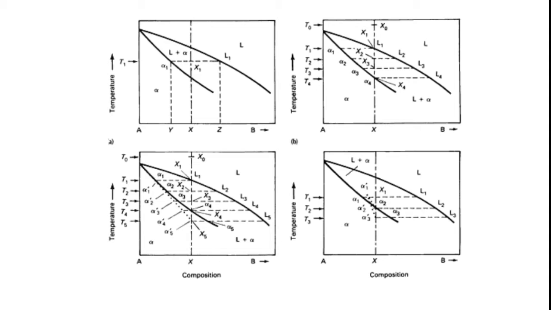Tie lines can be used to determine the fractional amounts of the phases in equilibrium. The lever rule is a mathematical expression derived from the principle of conservation of matter, in which the phase amounts can be calculated from the bulk composition of the alloy and the composition of the conjugate phases.